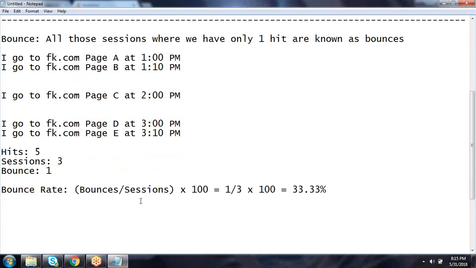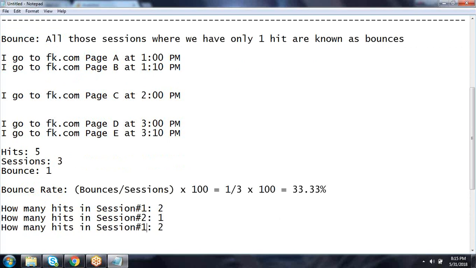Tell me how many hits do you see in session number 1? 2. Absolutely fantastic. Now, how many hits in session number 2? 1. Now, how many hits in session number 3?